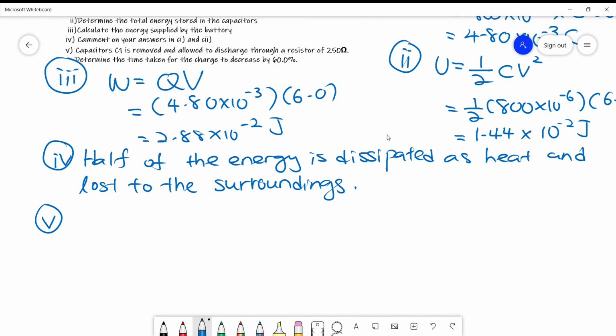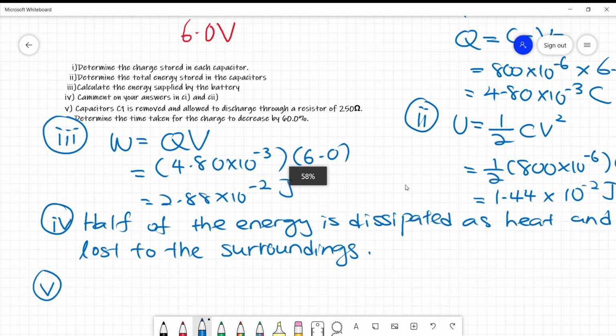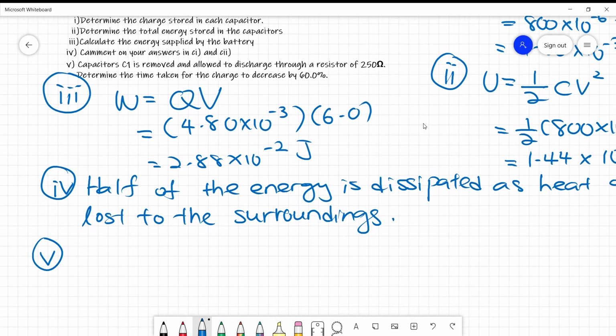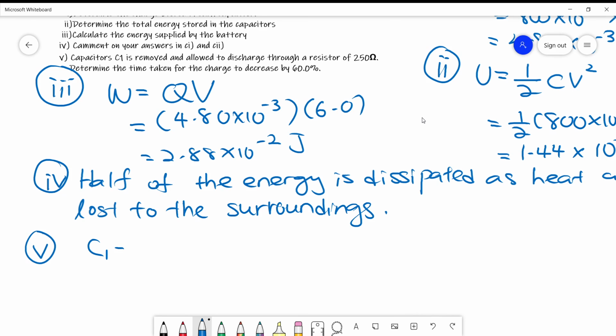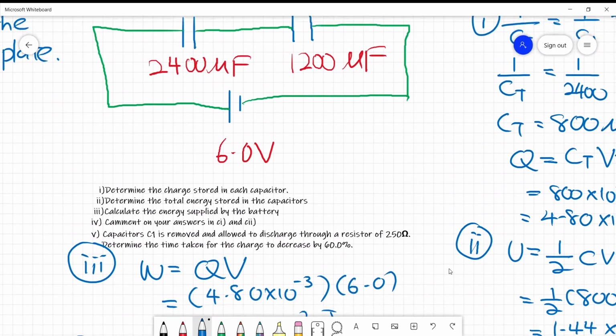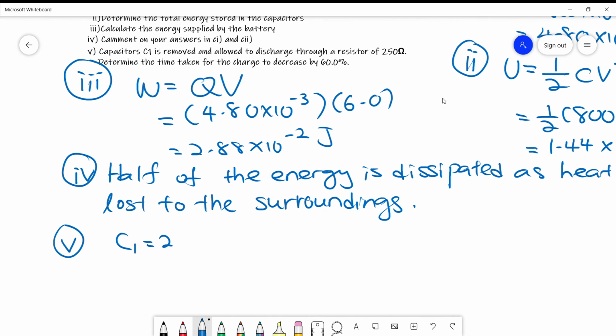So number 5, the final question. The capacitor C1 is removed and allowed to discharge through a resistor. So what will be my C1 here? C1 is 2400 microfarad. The resistor given is 250 ohm.